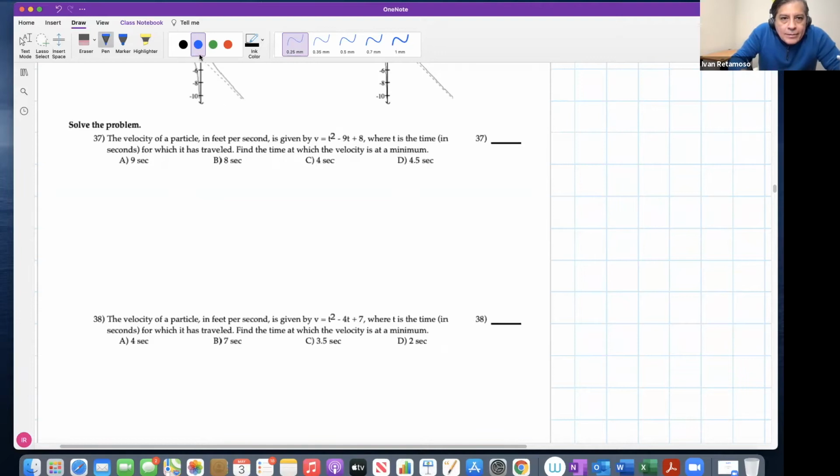So the velocity is given by this equation, t squared minus 9t plus 8. Now, we know that in order to minimize this velocity function, we have to set the derivative of our velocity equal to 0 and solve for t.